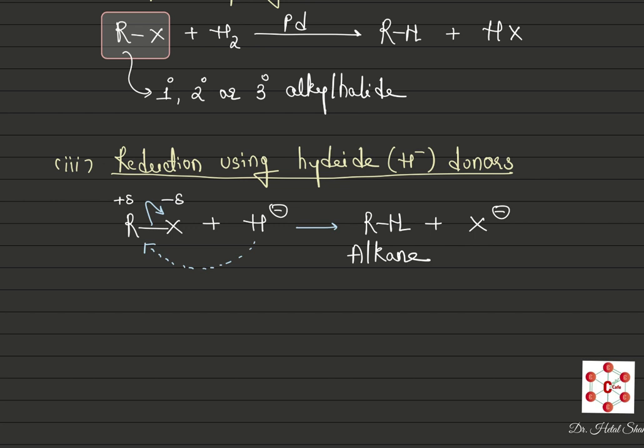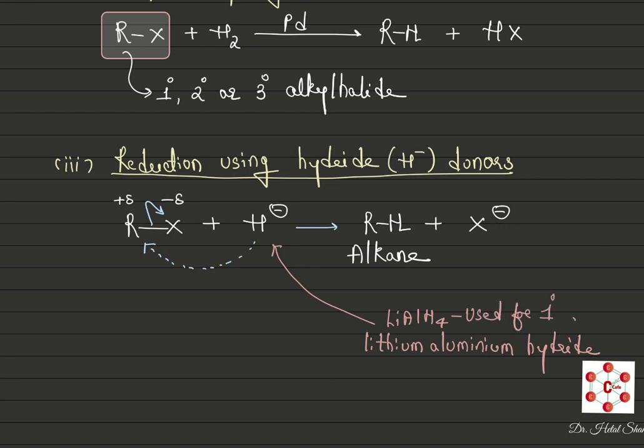Now, pay attention. Here, the sources of hydride. First source is a very important source, LiAlH4. This is called lithium aluminium hydride. And it can be used for primary and secondary RX.